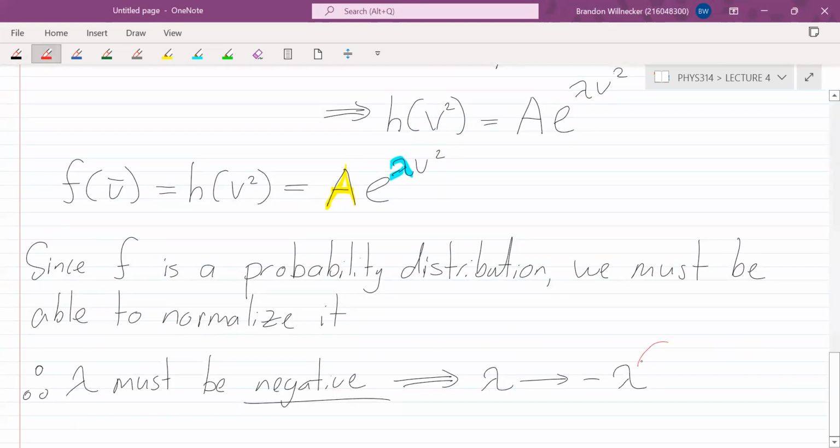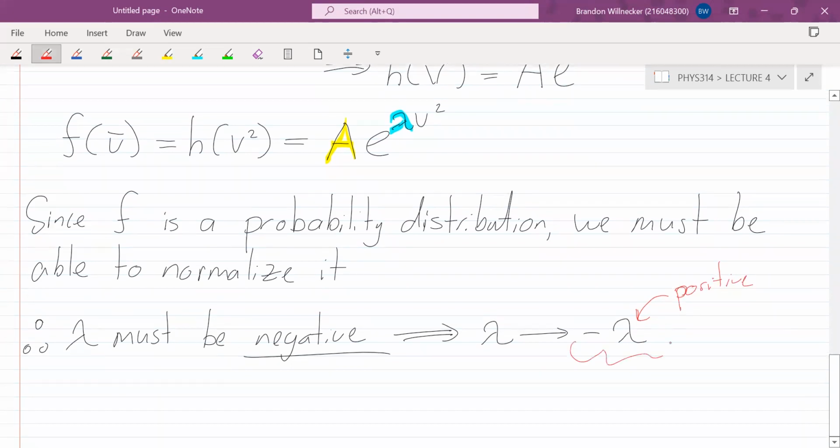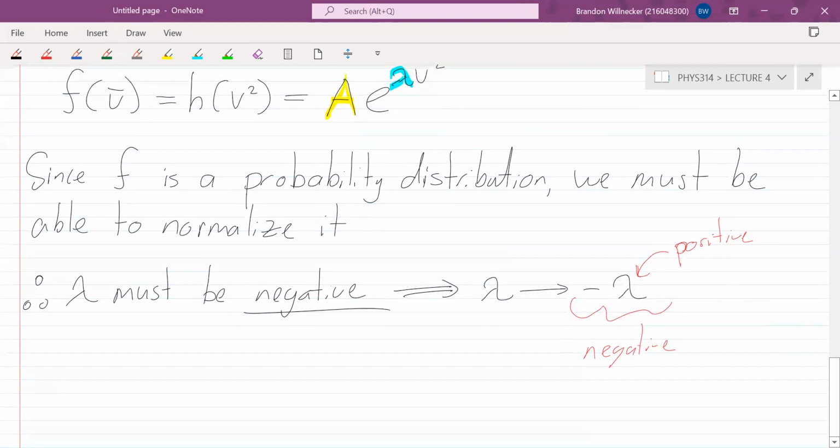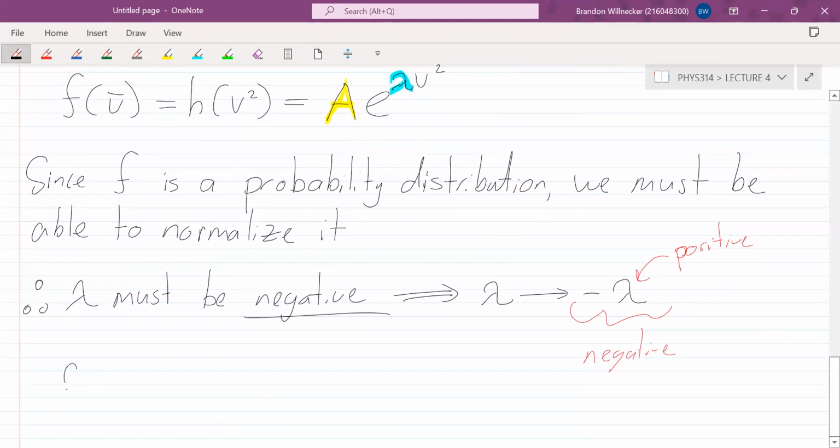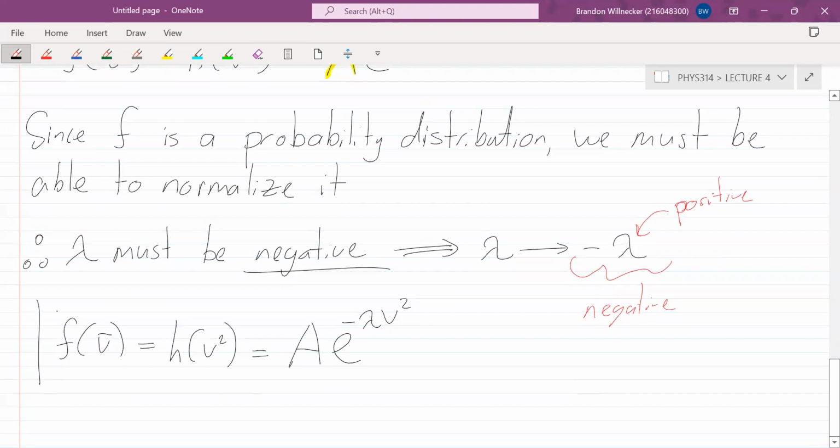So we're going to take lambda to be positive and then put the minus in front so that we get e to the minus lambda v squared, thus making it bounded. Lambda is positive, minus lambda is now negative, which is what we need. So we have f of v is equal to h of v squared, and that's equal to a e to the minus lambda v squared. That's what we've got so far.